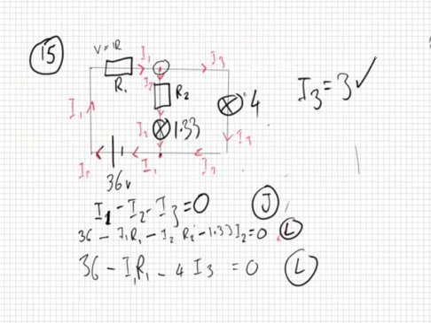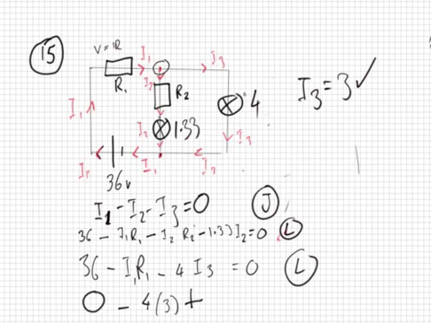I think maybe I will take the loop here. I'll start here at this junction. I start off with 0. I go around, and then what happens here? I lose minus 4 I3. Then I go around here, and what about here? Is it a plus or a minus? I'm going around this way. It's plus because you're going backwards through the current.